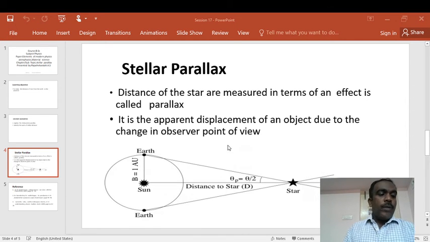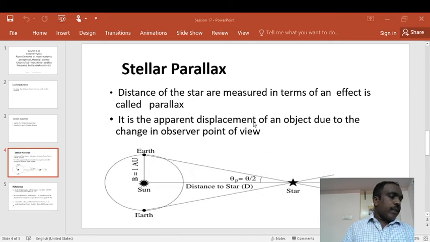Thus parsec is the distance at which the radius of the earth orbit, 1 AU, subtends an angle of one arc second. So parsec is the distance at which a star has a parallax of one arc second.